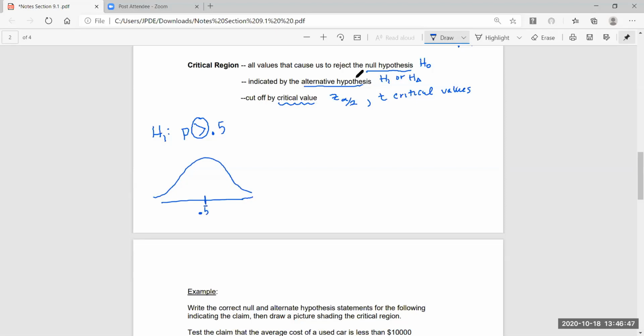If we find something that's significantly greater than the 0.5, where would it be in this picture? Well, the values that are greater would be up here. This is called your critical region.